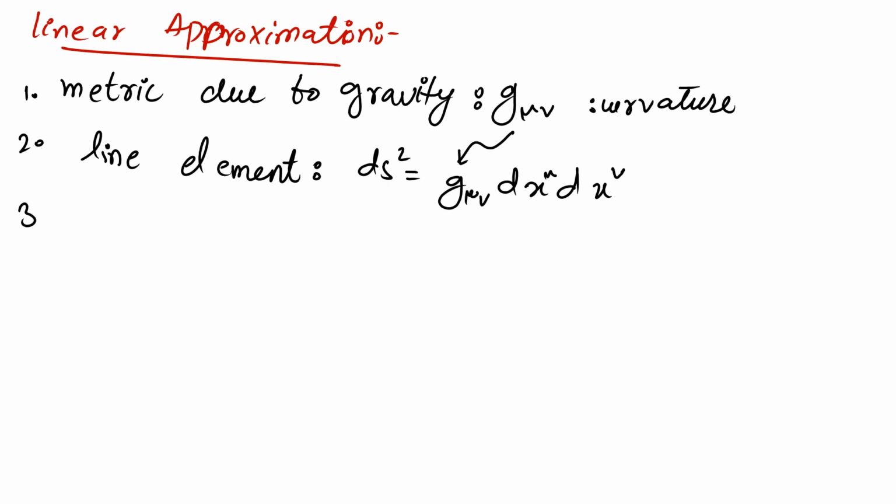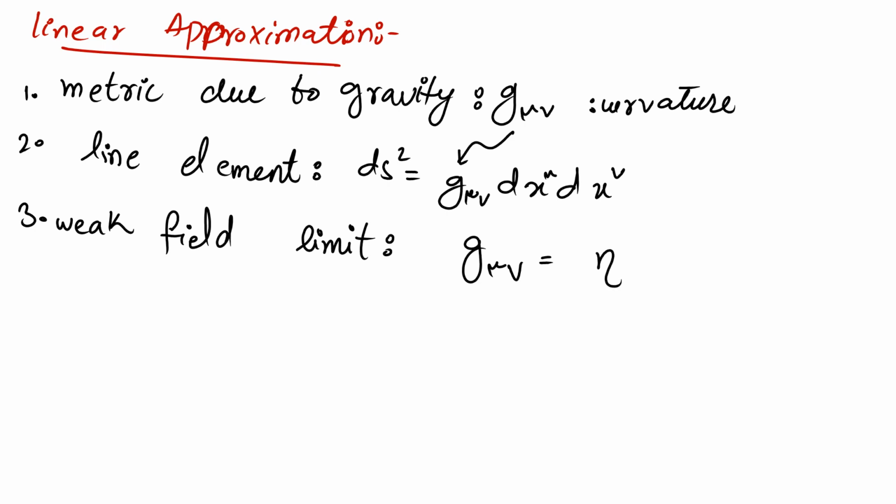And the third thing is the weak field limit, in which g mu nu is given by eta mu nu plus h mu nu.